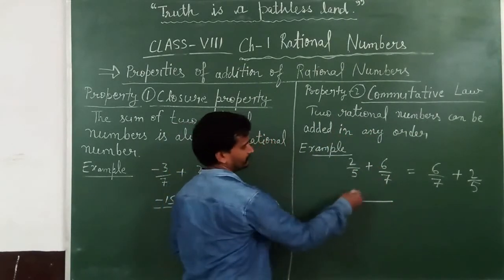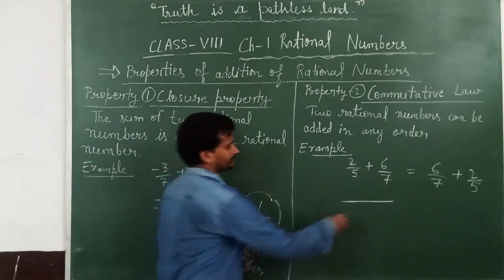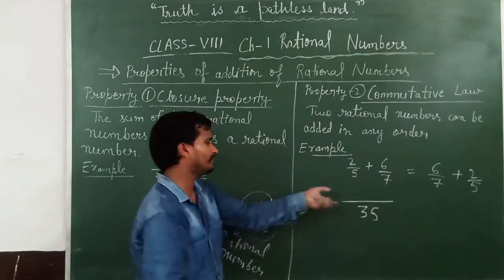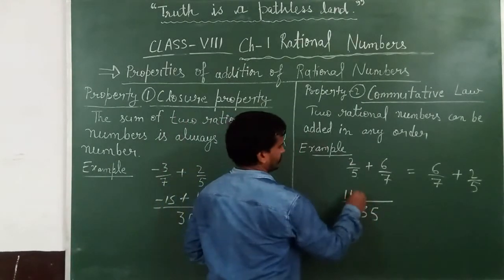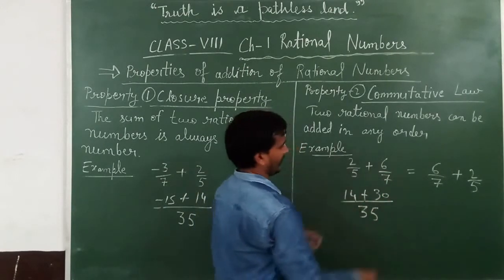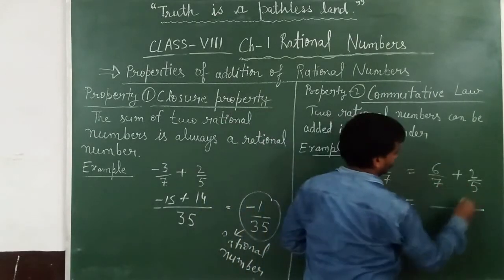Now LCM of 5 and 7, both are co-prime. LCM is 35, and here 14 plus 30. And here LCM same, 7 and 5 35.